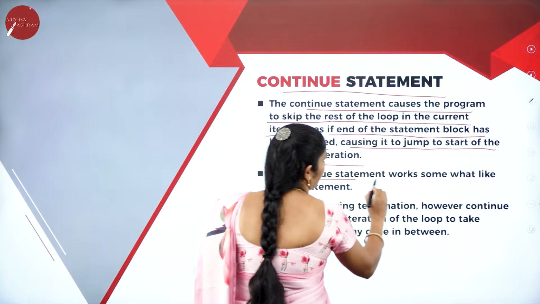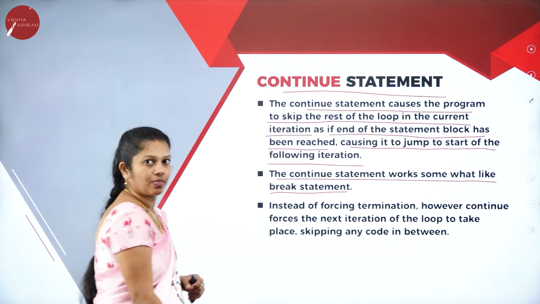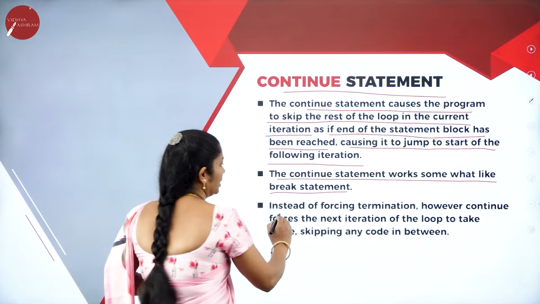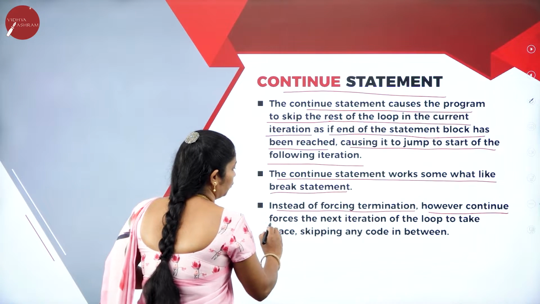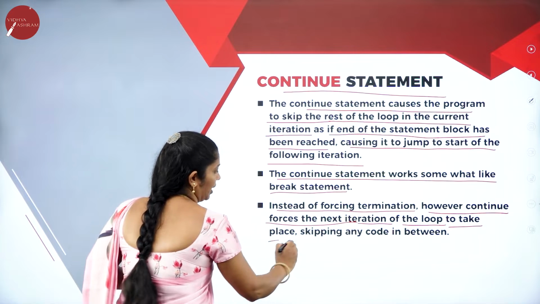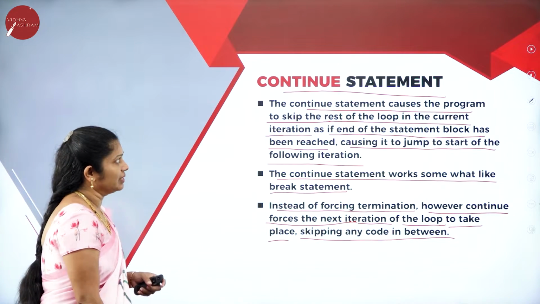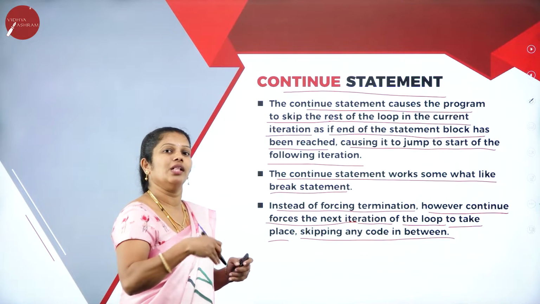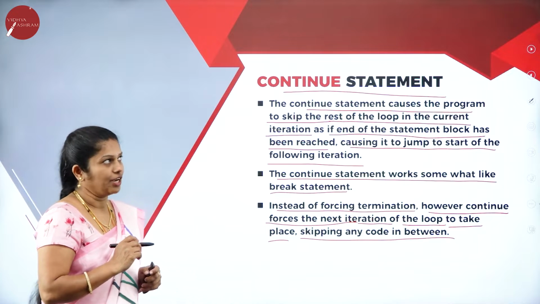The continue statement works somewhat like the break statement, but instead of forcing termination, continue forces the next iteration of the loop to take place, skipping any code in between. It helps us to continue once again.